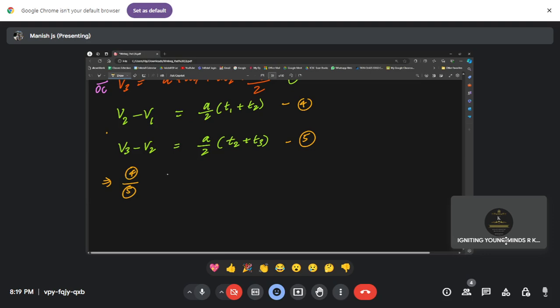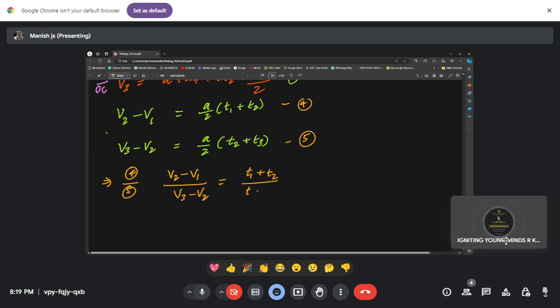Just divide it: V2 minus V1 upon V3 minus V2. The a by 2 gets cancelled off and you will be left with T1 plus T2 upon T2 plus T3.